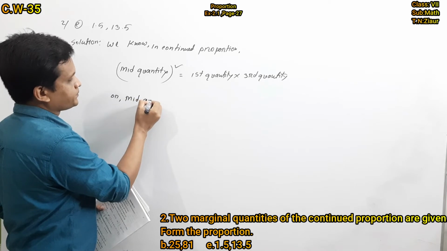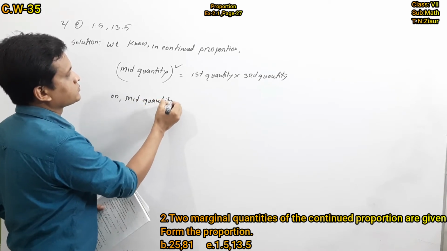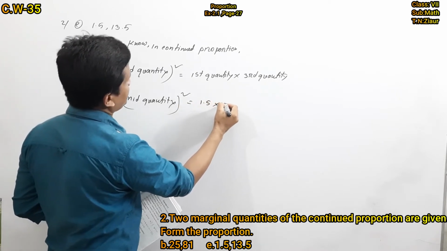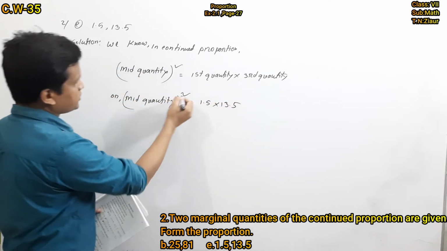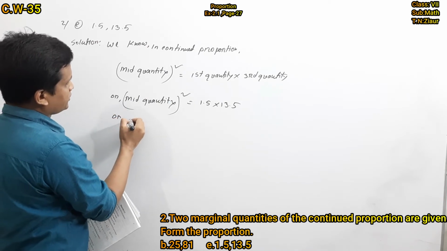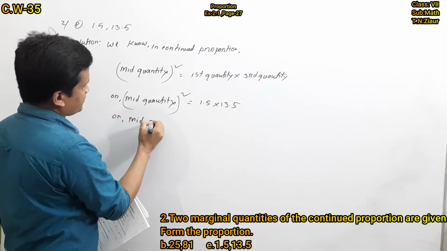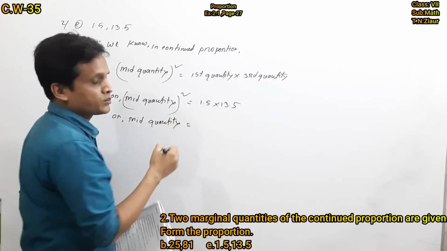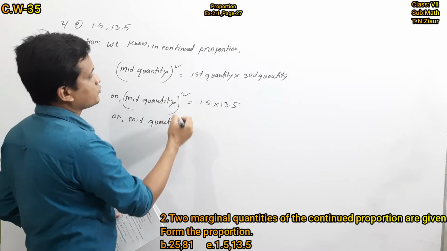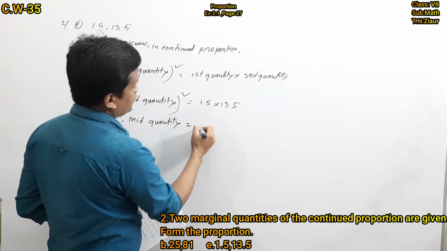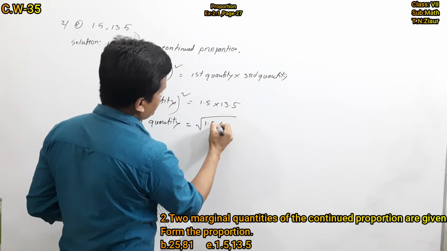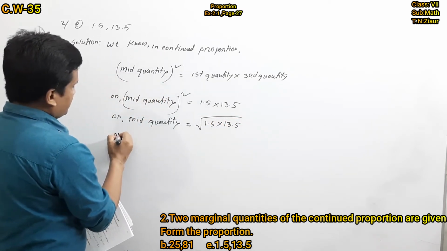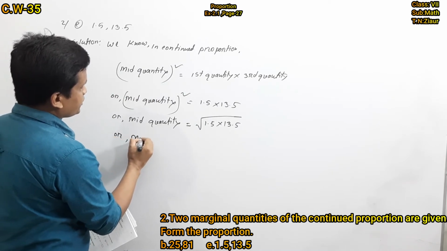Now just place the values, this one is first, this one is third. So mid quantity whole square equal to, first is which one? 1.5 into 13.5. Students, just we have to remove this square, so we have to give the square root on both sides. Mid quantity equal to root of 1.5 into 13.5.